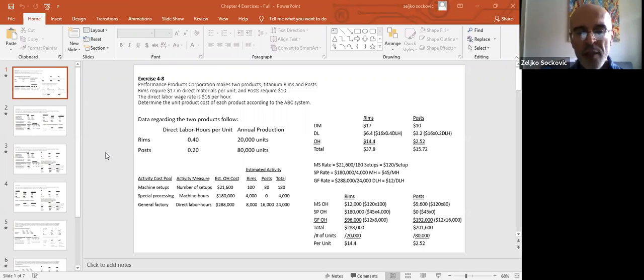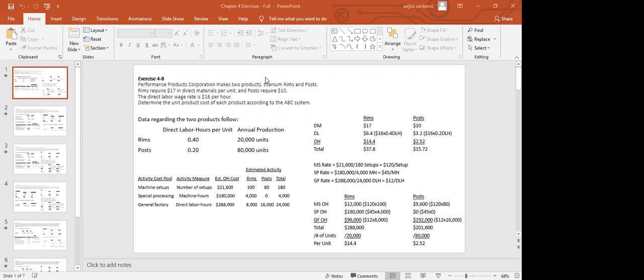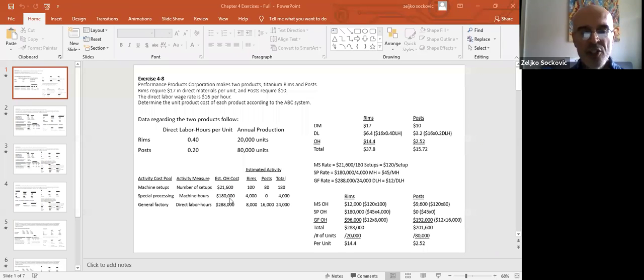Well, first of all, look at the breakdown of this estimated overhead. In the $490,000 or $500,000 that we said the total is, what's the percentage, how much of this belongs to these setups? Well, $21,000. So that's not really a lot, right? It's less than 5%.